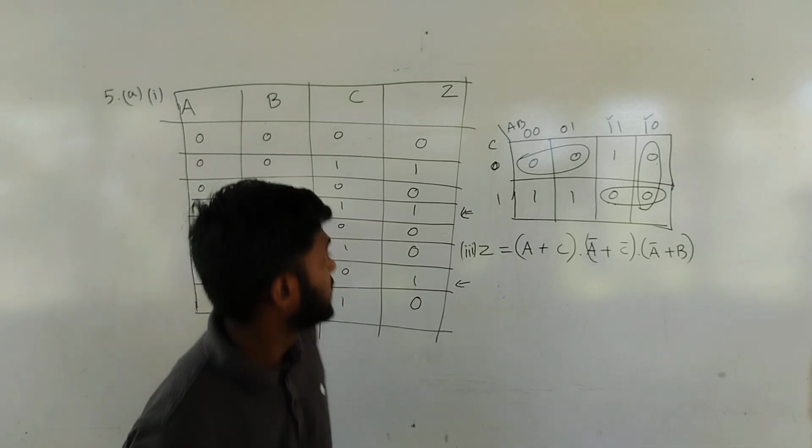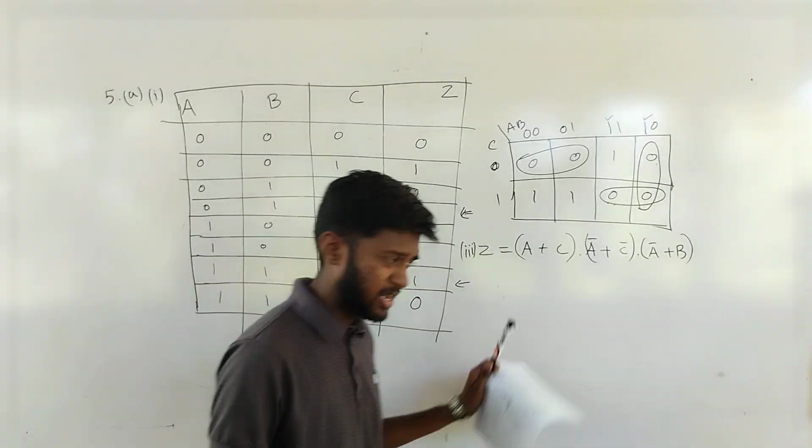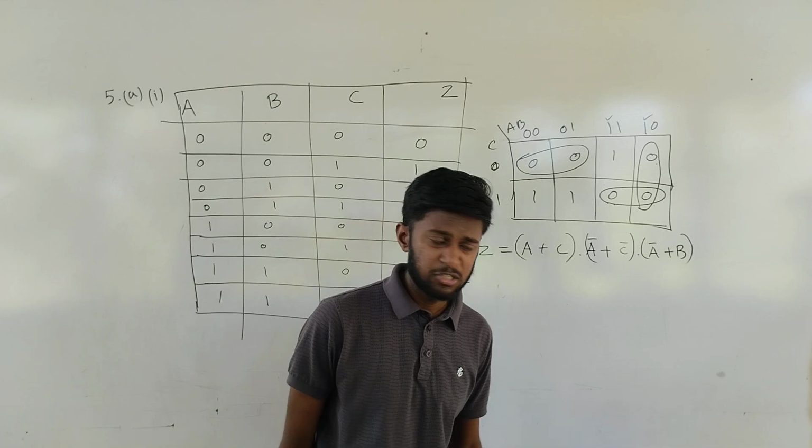So I am going to erase the truth table because there is no need for it, and also the Karnaugh map, and let me take only the simplified POS expression.